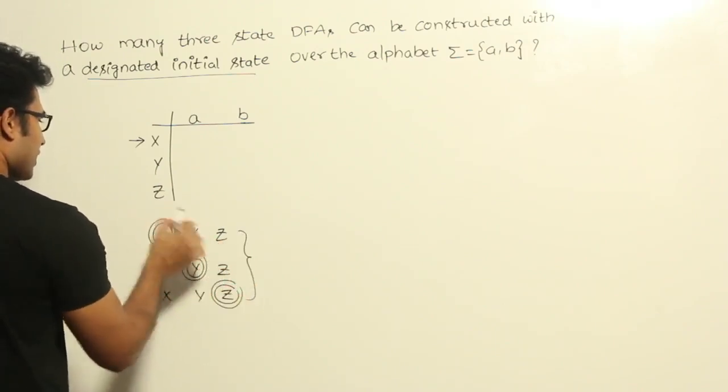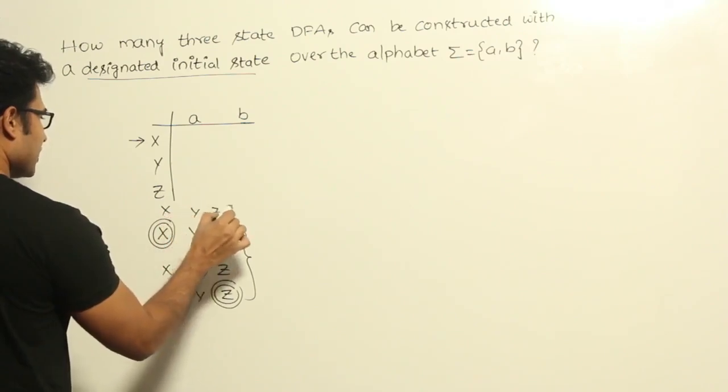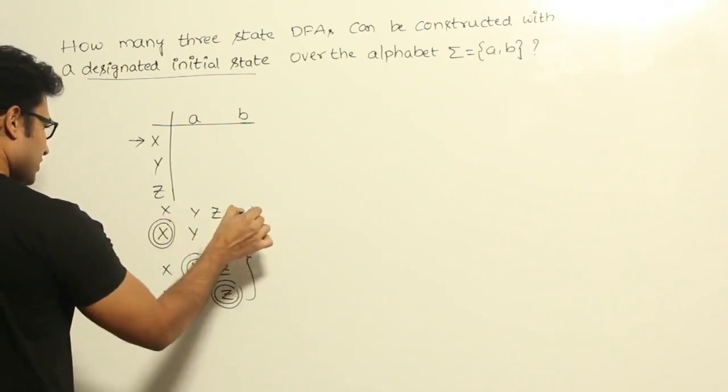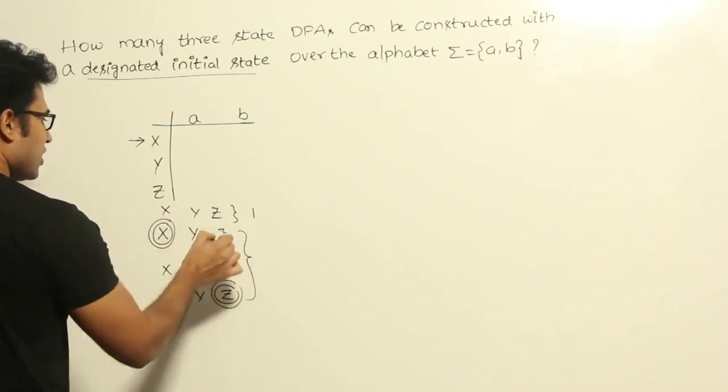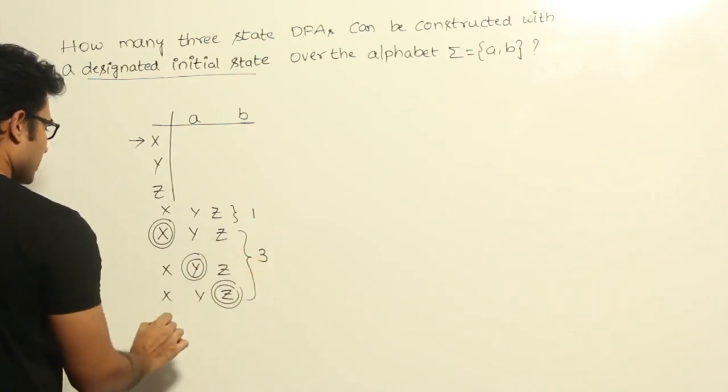Or I can have zero final states as well, right? Which means X, Y, Z, nothing is a final state.